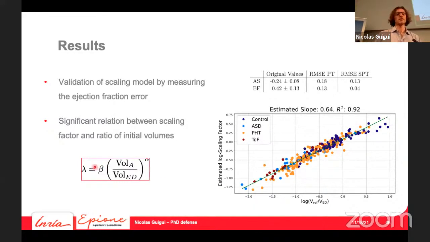But it's true that the first intuition is that it has to depend on the volume, right? So what we would have to prove is that there is a link between the norm of the diffeomorphism that is estimated to map to the atlas and the volume of the original shape that is being registered to the atlas.